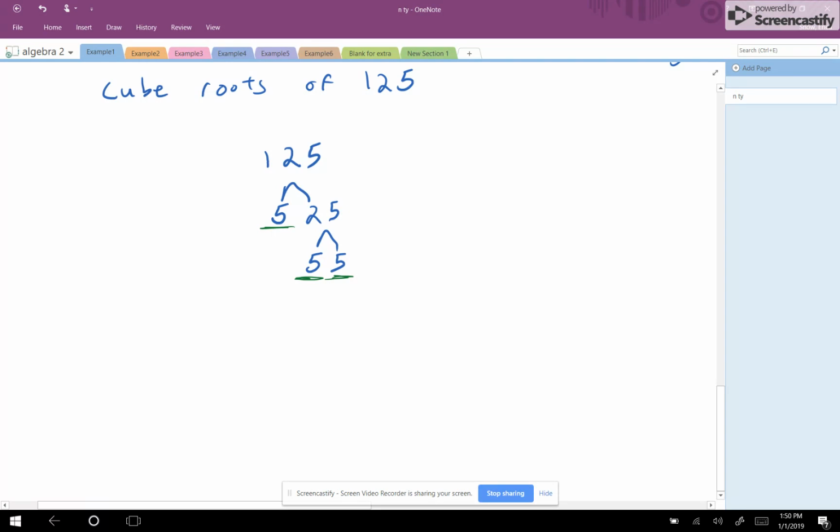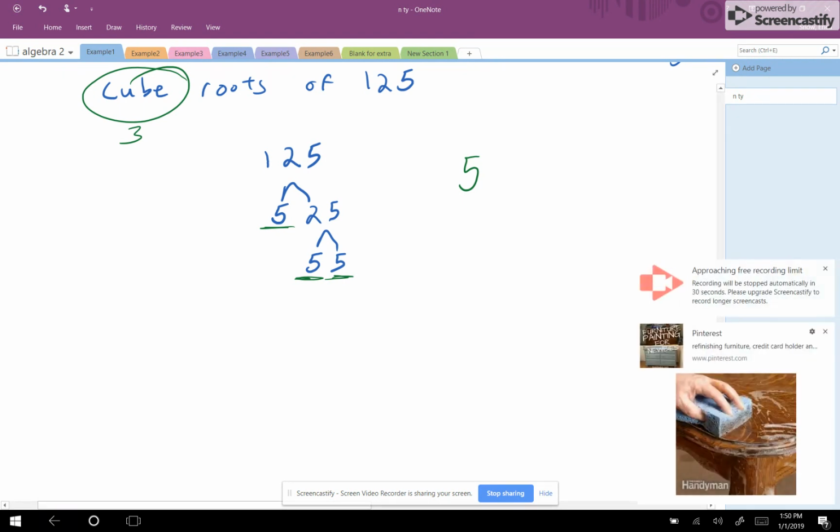So if there are 3 5s and we're looking for a cube root, cube means 3, then 5 is our cube root of 125. All right, so that is the first part of example 1.